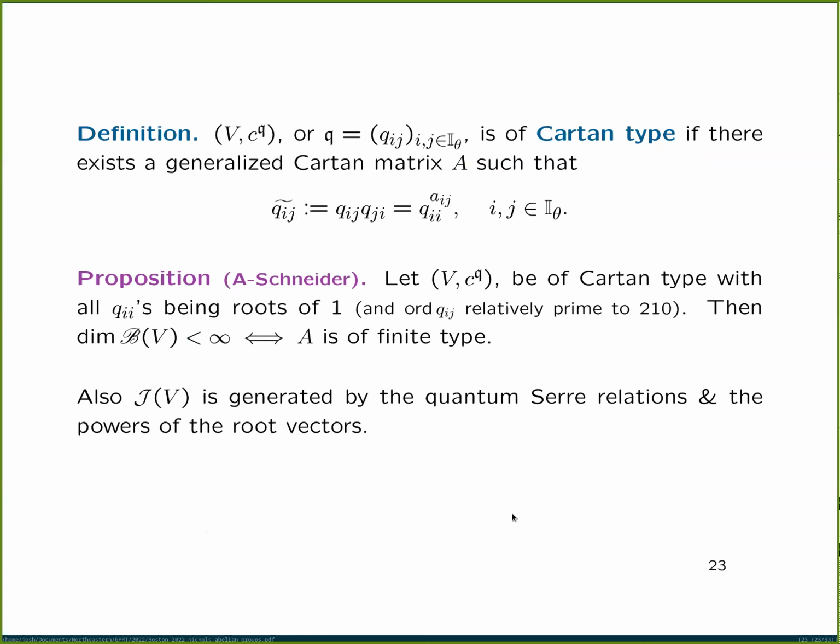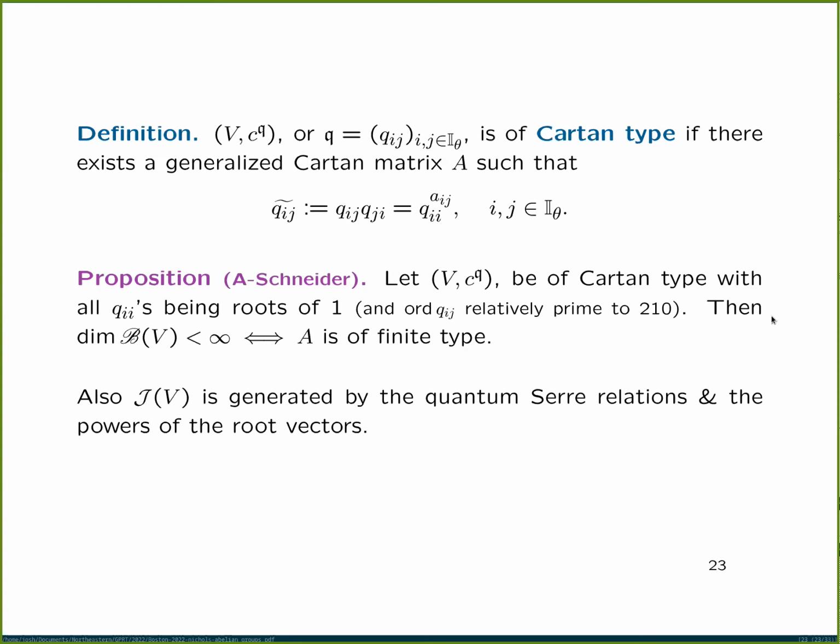Then we arrive at the following definition. q is of Cartan type if there exists a generalized Cartan matrix A as above, such that q̃_ij is q_ii to the power a_ij. And with Andruskiewitsch and Schneider, at the beginning of our study over this, we proved that if V with braiding q is of Cartan type and all q_i's are roots of unity and the order of q_ii is relatively prime to 210, then the dimension of B(V) is finite if and only if A is of finite type.